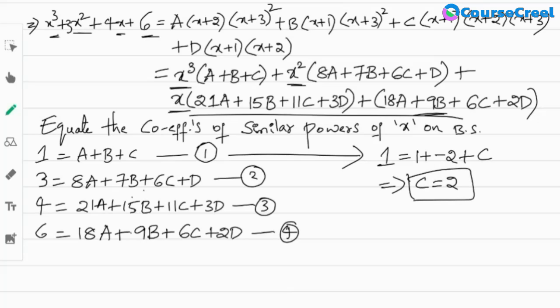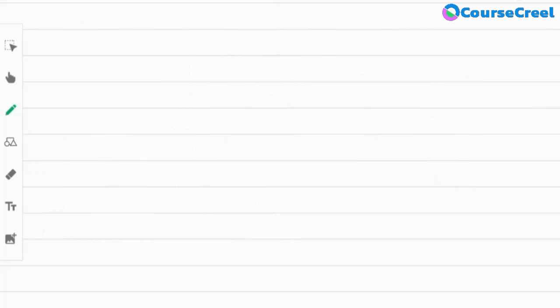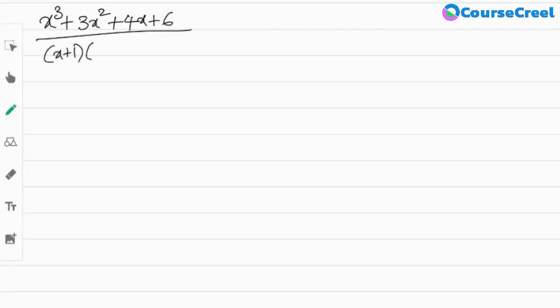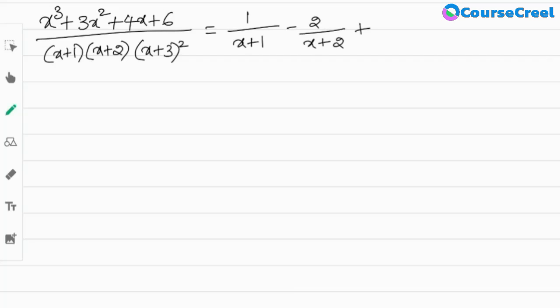So now we got all the values of A, B, C and D. Now we can express the given single proper fraction as multiple simpler partial fractions. (x + 2)/((x + 1)(x + 2)(x + 3)²) is equal to 1/(x + 1) minus 2/(x + 2) plus 2/(x + 3) minus 3/(x + 3)².